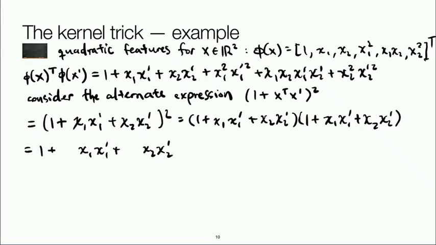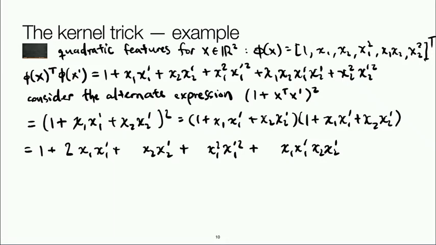And then I get x1 x1 prime times this thing, so just distribute x1 x1 prime to each one of these terms. What do I get? I get x1 x1 prime, so now I have 2 of these things. Plus x1 squared x1 prime squared, plus x1 x1 prime x2 x2 prime.